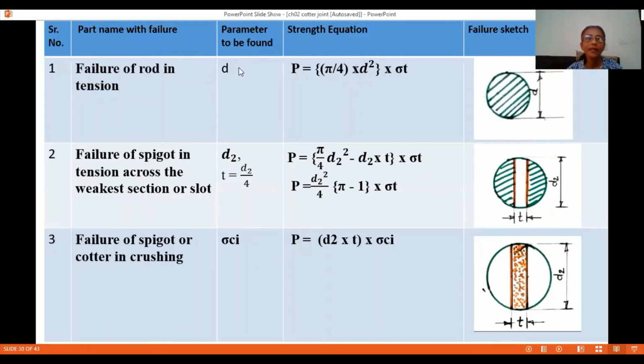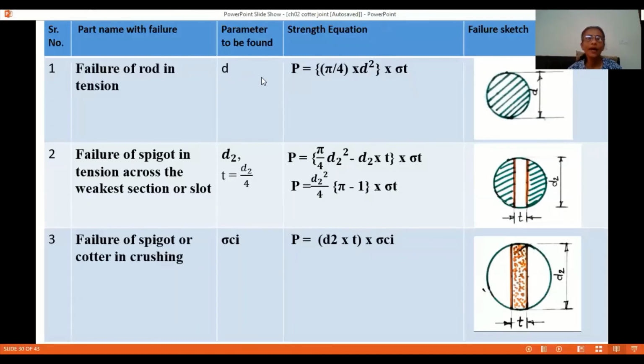Then which parameter we are going to calculate, which is the safe dimension to avoid this failure. And in this column, we will see the strength equation, and that we will get with the support of the failure sketch, which is shown in the last column. So let us discuss one by one all steps at a glance.